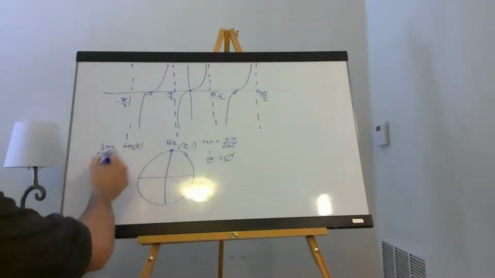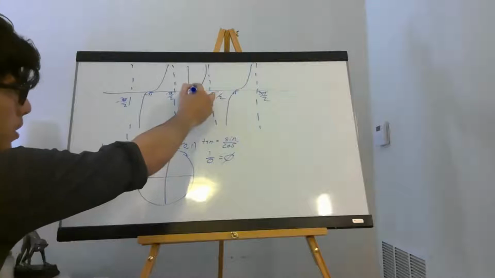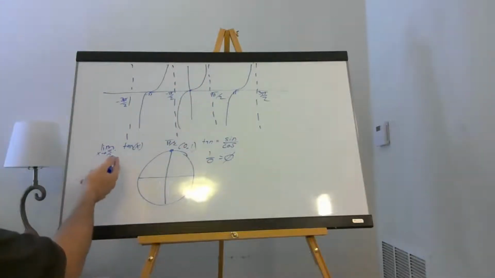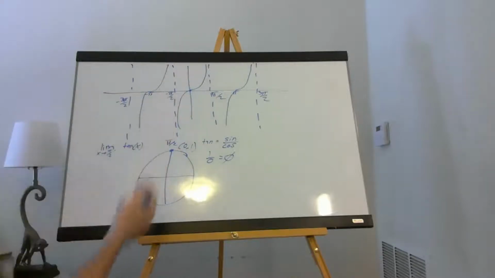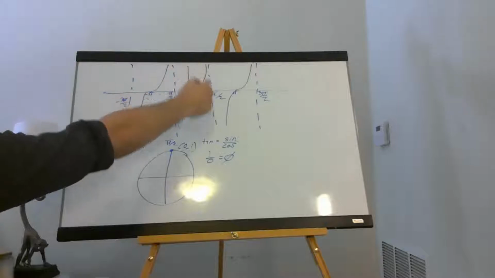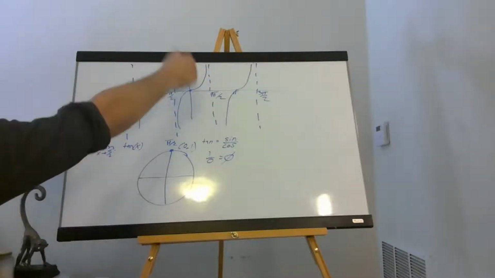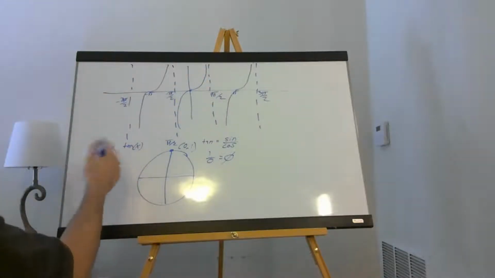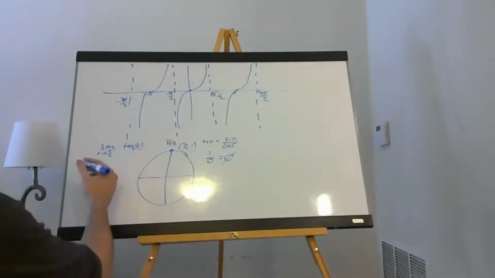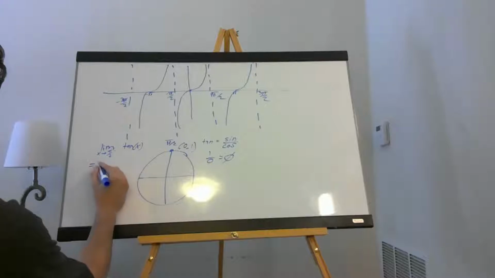The answer to this should be a y value that it's approaching. This is an asymptote, which means that the tangent graph is never going to cross that. So our limit for tan of x as it approaches pi over 2 from the left side is going to be positive infinity.